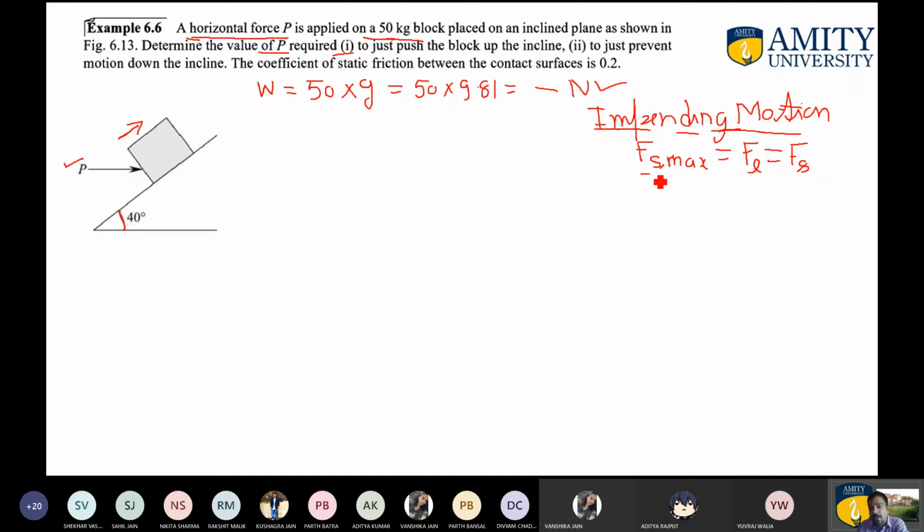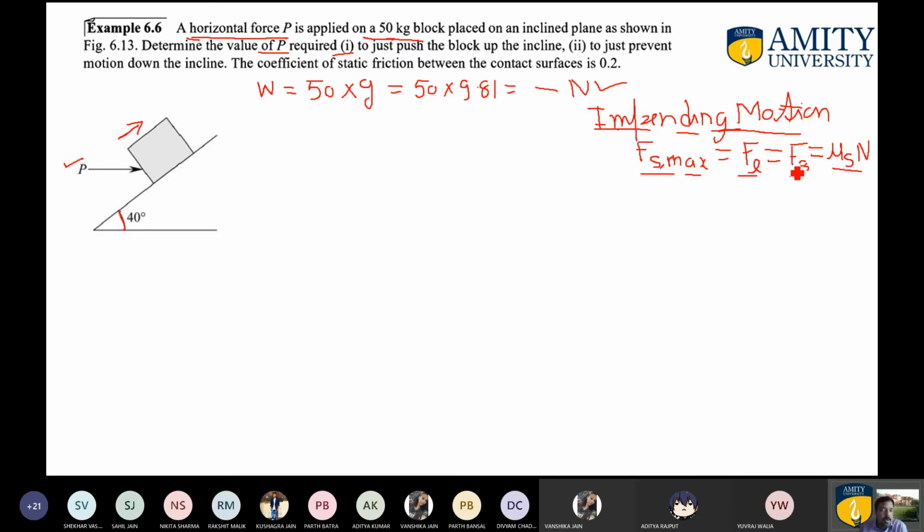So all the representations you can find, and the maximum value is governed by the formula mu s into N, where N is the normal reaction. As you all know, whenever impending motion is there, the force of friction will be maximum and it will be governed by this formula: FL or Fs or Fs max equals mu s into N.